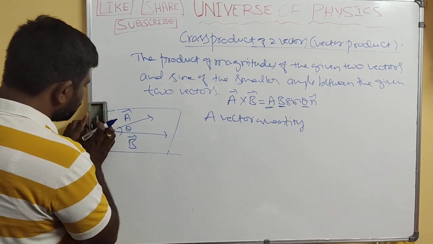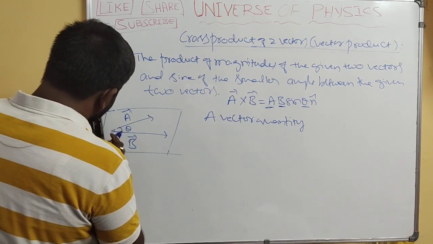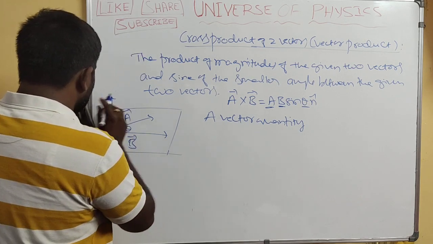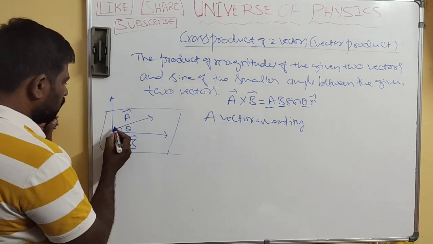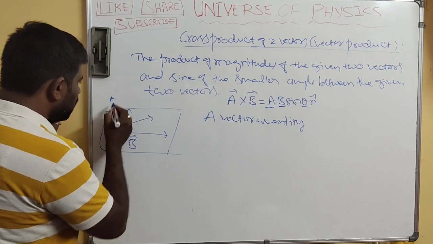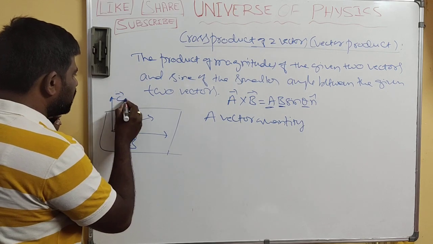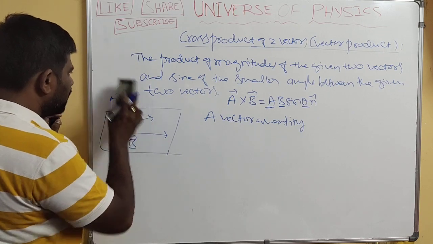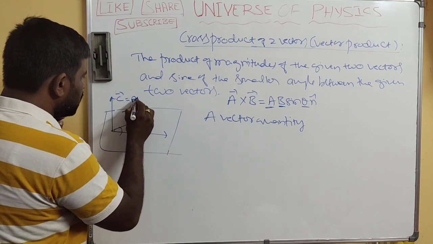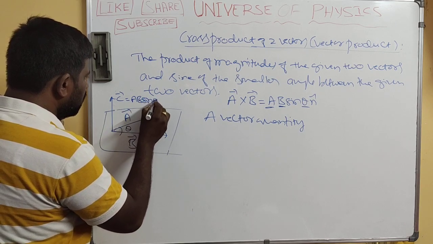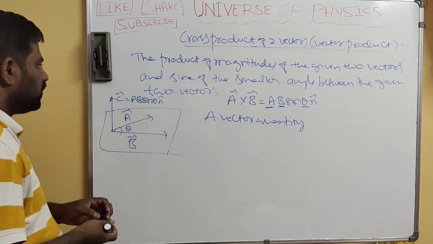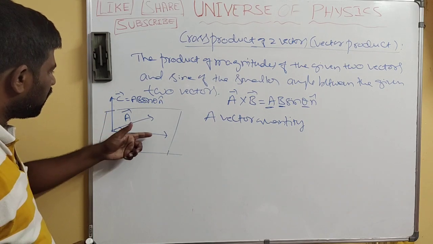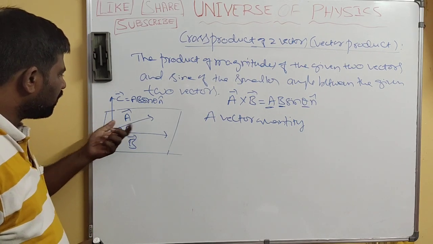You can write like this: this is the new vector, let it be vector C, equal to vector A cross vector B, that is vector C is equal to AB sin theta n cap. This is the new vector quantity, and its direction is always perpendicular to the plane containing the given two vectors.